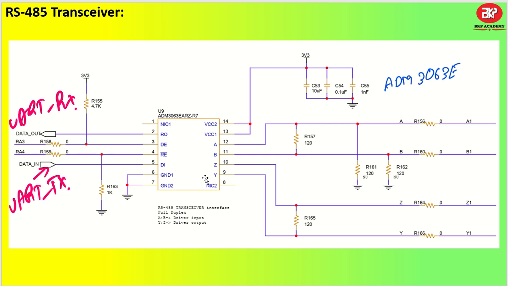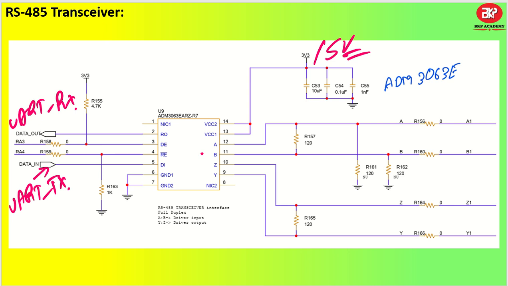Now the only change that you can see is that it has a few more ground pins, so both of them are grounded, ground 1 and ground 2, and similarly there are two supply pins, so VCC1 and VCC2 have been supplied with 3.3 volt. If you want, you can keep it at a 5 volt supply as well, it will work because this IC is capable of a 5 volt supply as well.